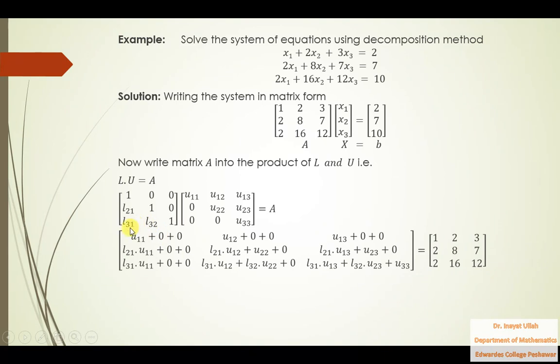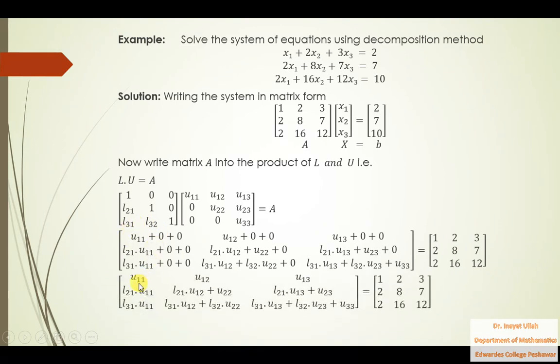It means that the first element will be equal to 1, this element will be equal to 2, this element will be equal to 3, that element will be equal to 2, this element will be equal to 8, this element will be equal to 7, that element will be equal to 2, this whole element will be equal to 16, and this whole element will be equal to 12. So that is the comparison of these two matrices.